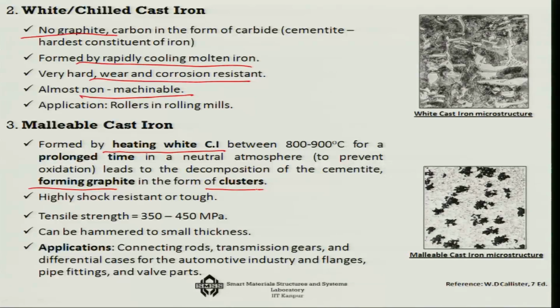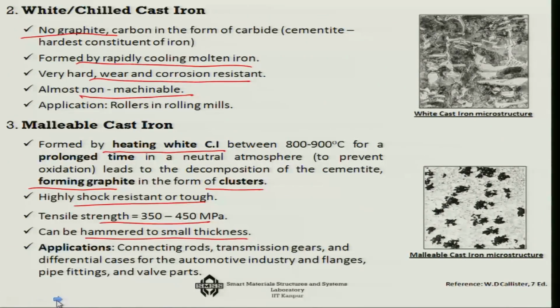Now, these are highly shock resistant, with tensile strength between 350 to 450 megapascal. It can be hammered to small thickness, and it is used typically for connecting rods, transmission gears and differential cases in the automotive industry, and for flanges, pipe fittings and valve parts.